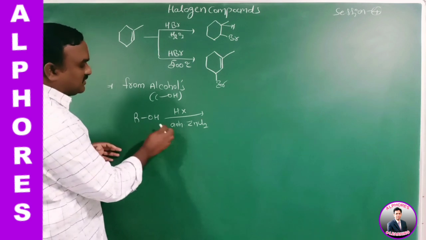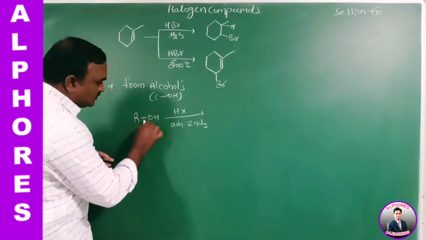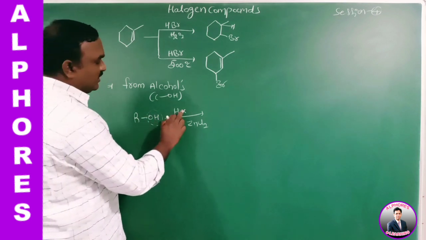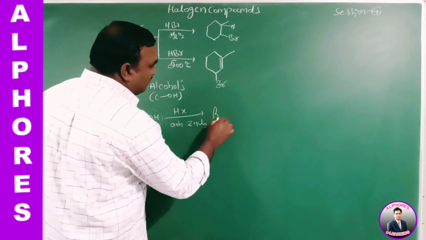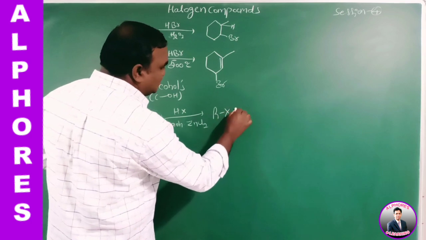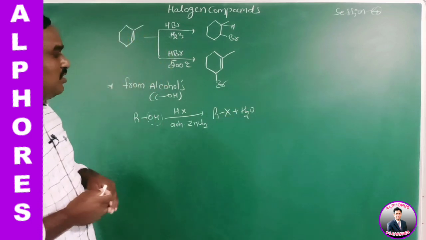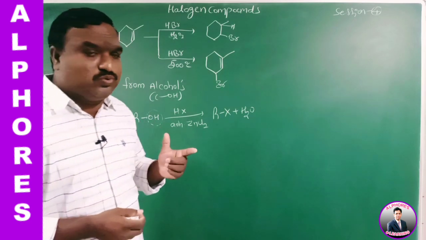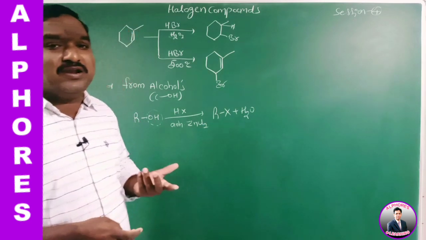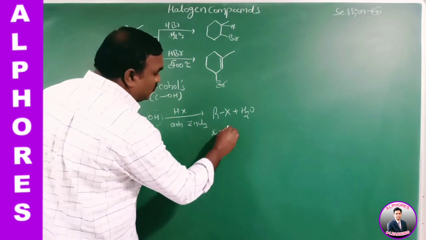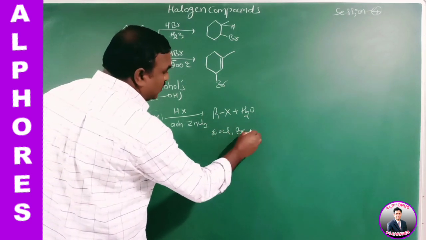What will happen in this case? The OH minus group is replaced by X. The final product is RX plus H2O. The formed product is an alkyl halogen compound. X is equal to chlorine or bromine or iodine.